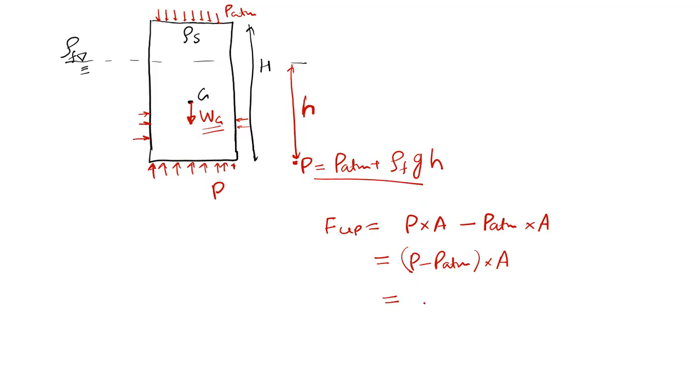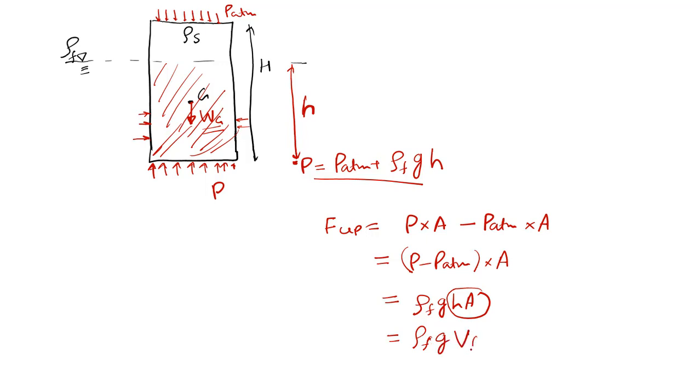From here it is nothing but rho f g h into A. What is h into A? This is the volume, the displaced volume of fluid. And this F upward is nothing but the buoyancy force.